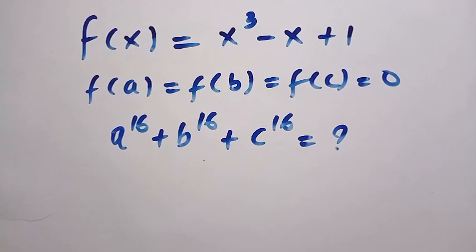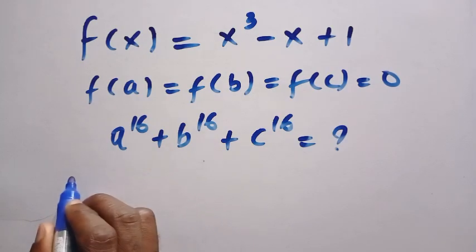So let's start by solving this. I'm going to be applying Vieta's formulas to solve this. But since the function is a cubic function, we firstly assume the solution of the cubic form.